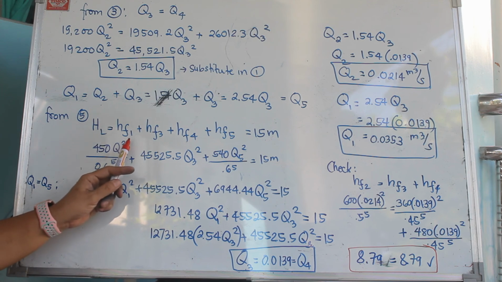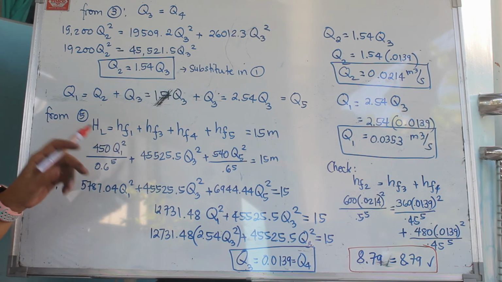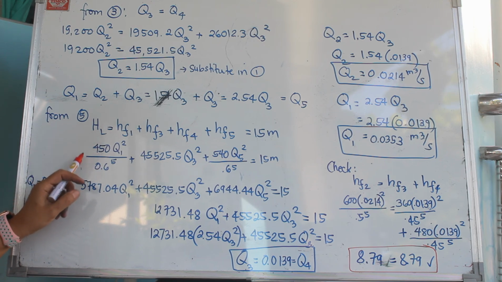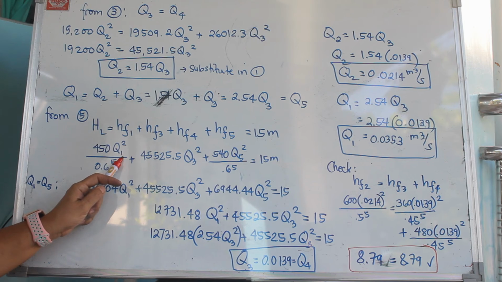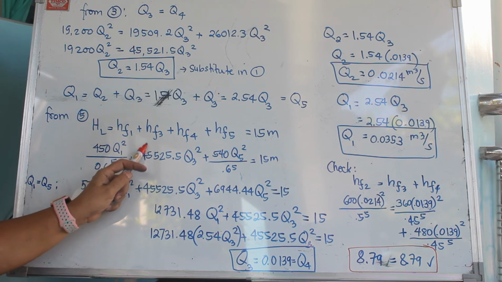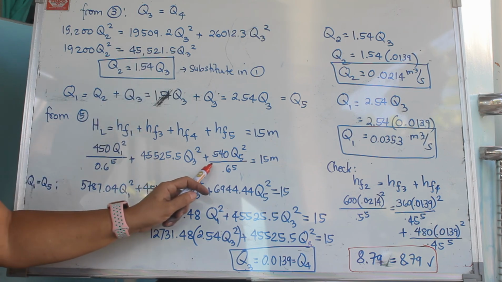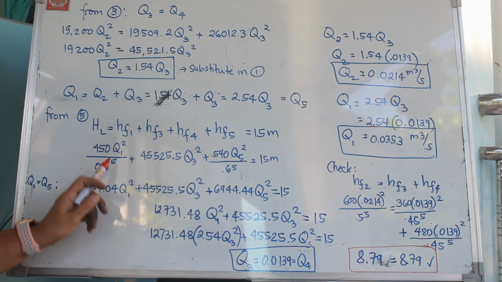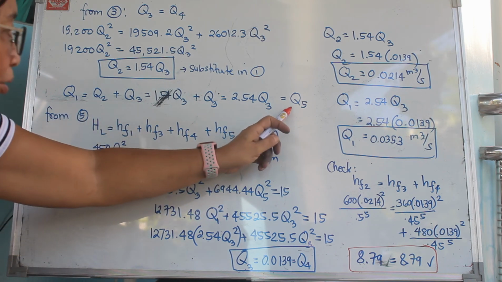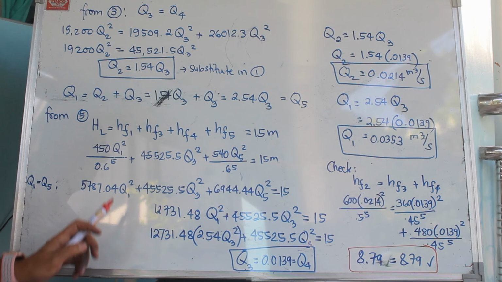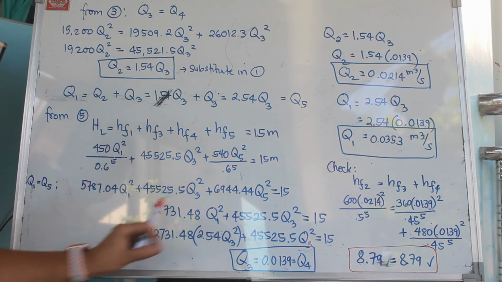In terms of Darcy-Weisbach, again from 0.0826 F L Q squared over D to the fifth, this is what remains: HF1 in terms of Q1, HF3, which we computed previously, and Q5. We know that Q1 is equal to Q5, since the discharge entering Q1 is the same discharge leaving pipe 5. So we can combine them.